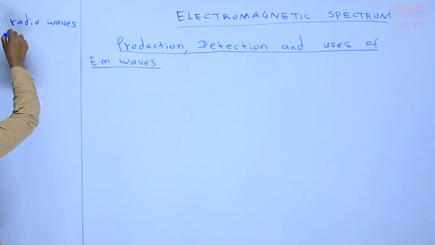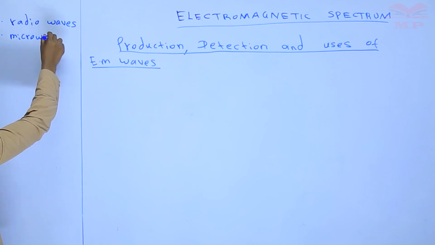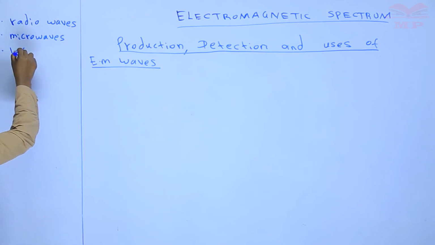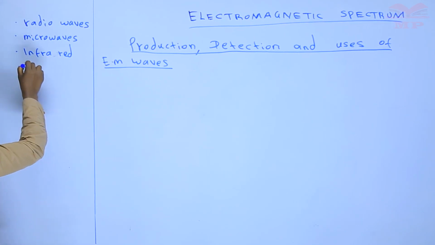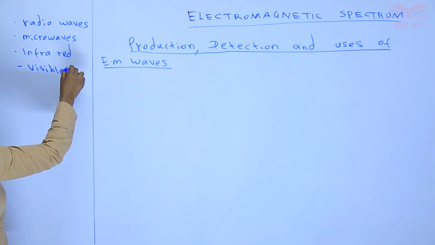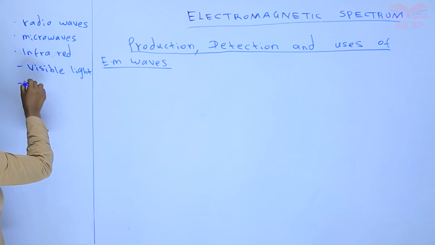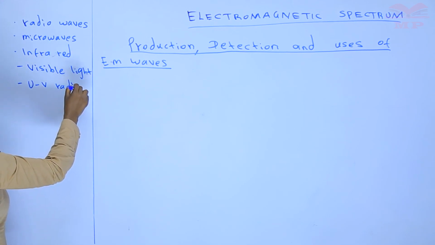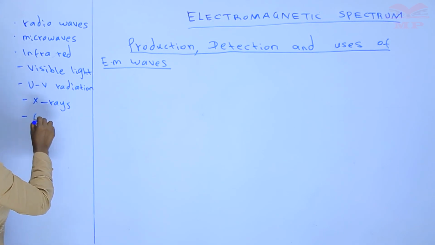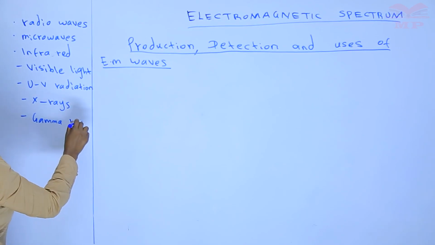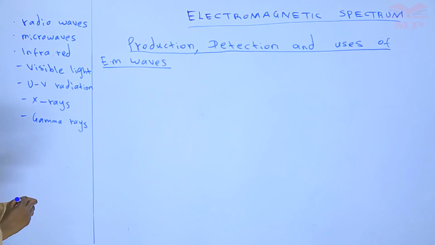We also have the microwaves, the infrared radiation, the visible light, the UV radiation, the X-rays, and finally the gamma rays. So we want to know how are the radio waves produced, how are they detected, and how are they used.